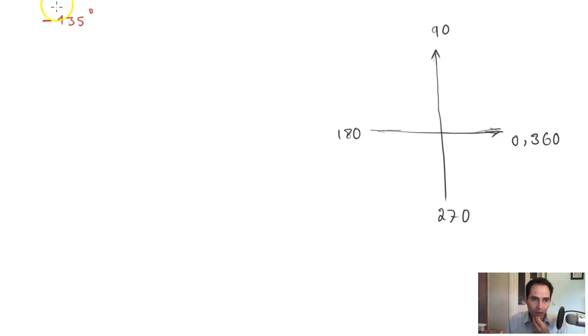So 135 degrees is nothing but 90 degrees plus 45 degrees. 90 plus 45 is 135. So again, moving in a counterclockwise direction, I come 90 degrees, I end up here, and then 45 degrees. If you remember, we said that if you want to get from this axis to this axis, you have to add 90 degrees.